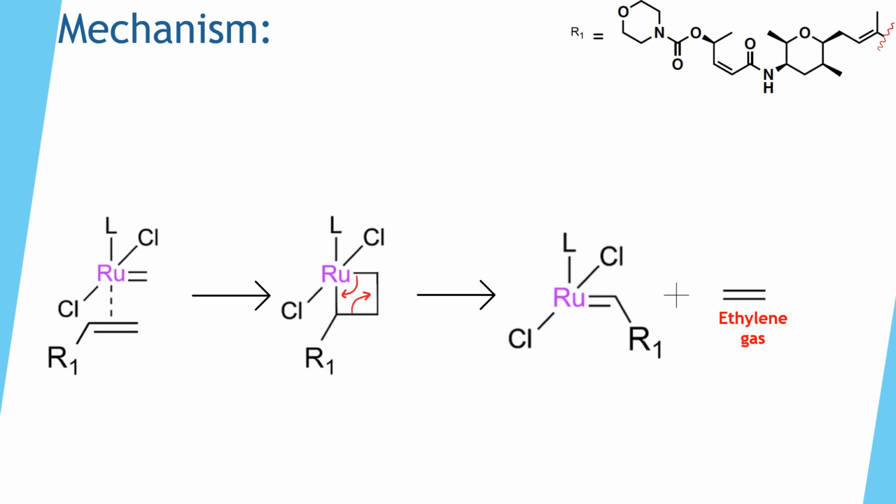So the regenerated catalyst interacts with one of the fragments and undergoes 2+2 cycloaddition followed by fragmentation once again to yield the intermediate that reacts with another alkene and ethylene gas that bubbles out of this mixture. So the ethylene gas drives the reaction towards the formation of the alkenes, therefore yielding excellent yields.